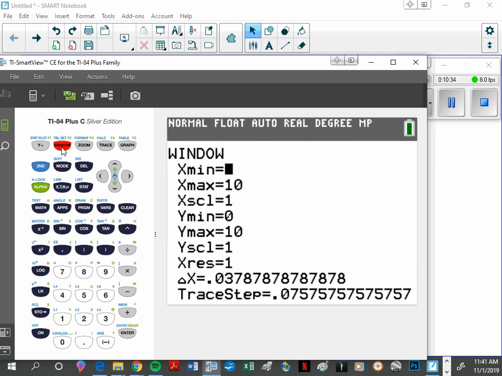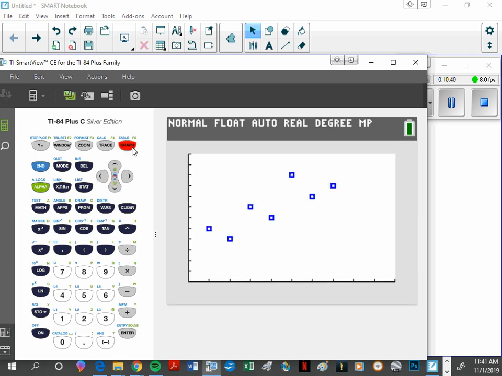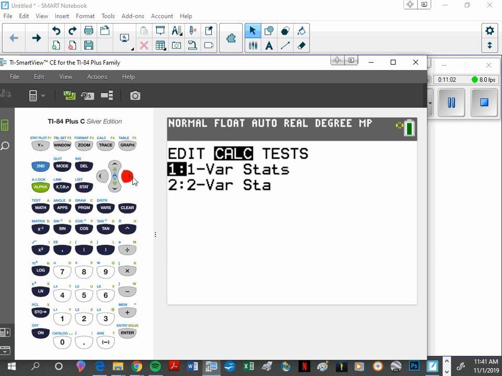So I'm going to go into my window and extend my y's just a little bit so I can see that dot. Could that have a correlation coefficient of 0.76? Oh, looks good to me. I don't know, why don't we ask it? Let's find out what it is.